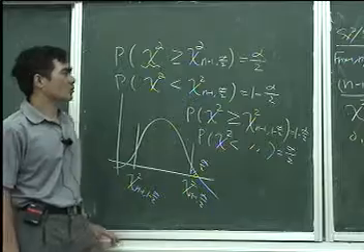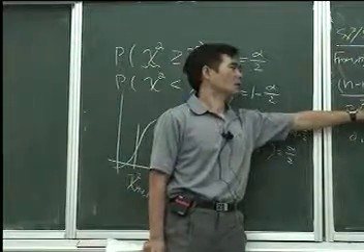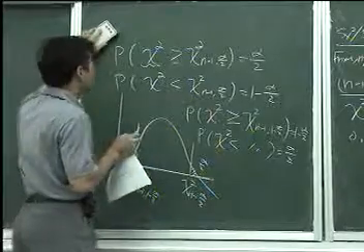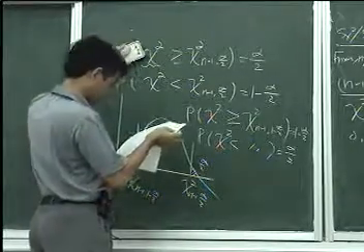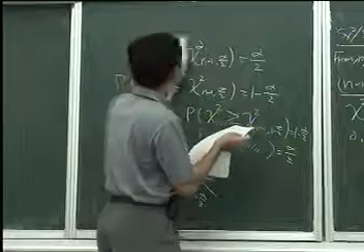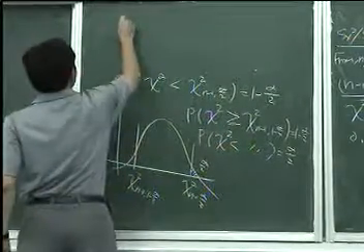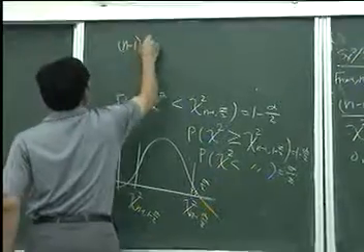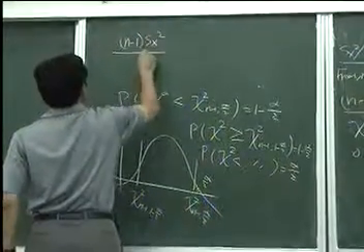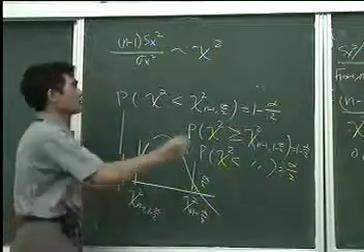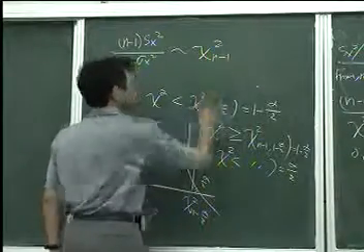Then the second step, we want to get to this formula, okay? Now we know n minus 1 times sx squared divided by sigma x squared is a chi-square distribution with degrees of freedom n minus 1, okay?